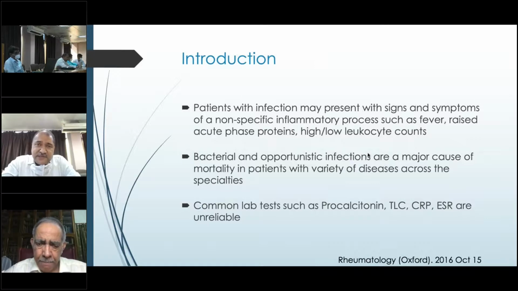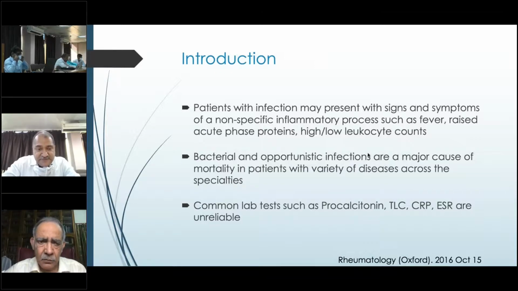But when we searched the literature, we were disappointed that, even to the best of our knowledge and published literature, common tests such as total leukocyte count, CRP, ESR, or neutrophil lymphocyte ratio or procalcitonin at times are unreliable in conditions of inflammation.